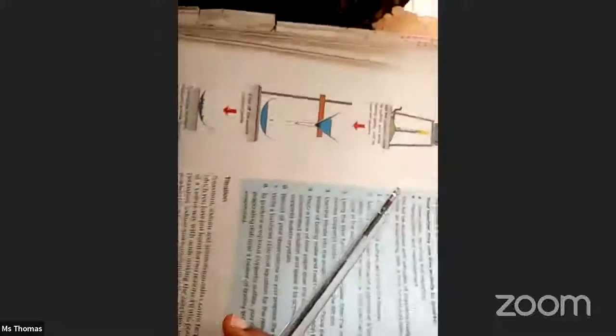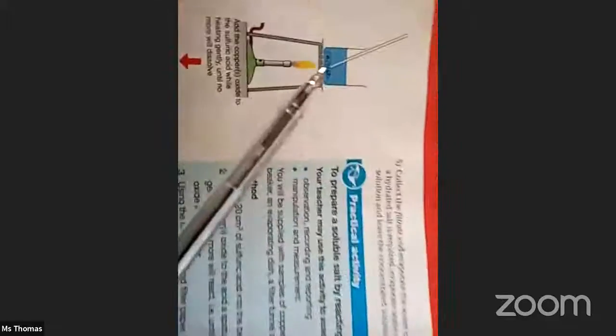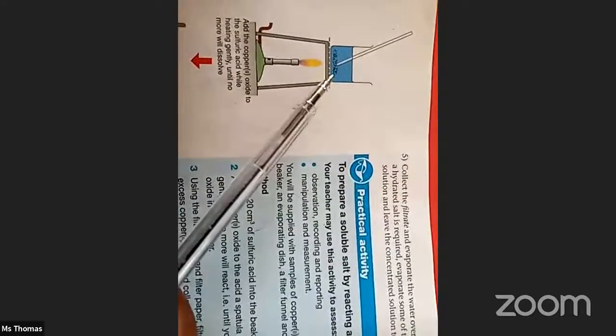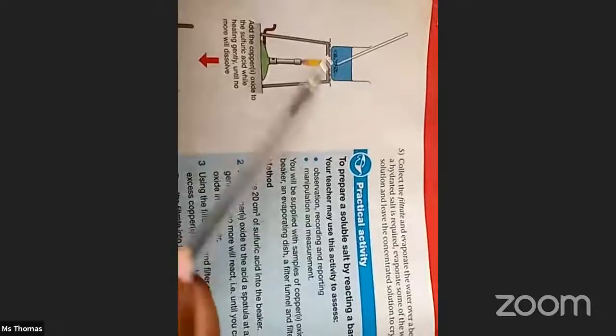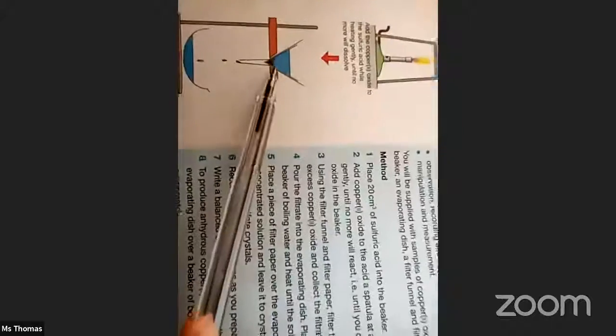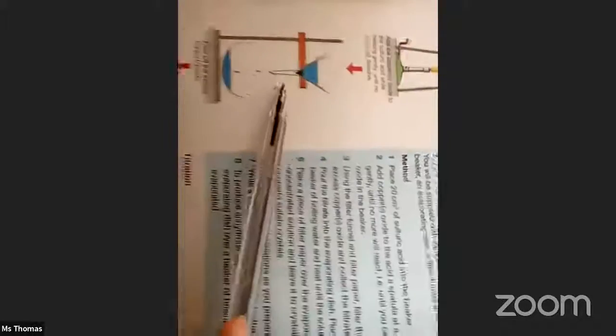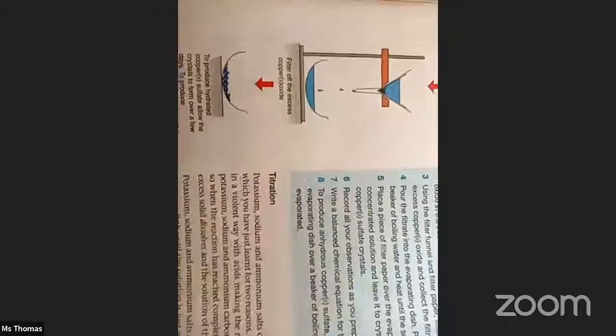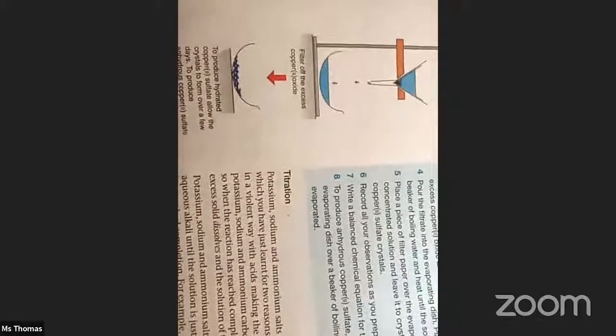Very easy, very simple. You take your metal, carbonate or base, which must be insoluble. You stir it, heat it up, then filter off the excess. Finally, you take your filtrate and heat off the water, and you will get your soluble salt.